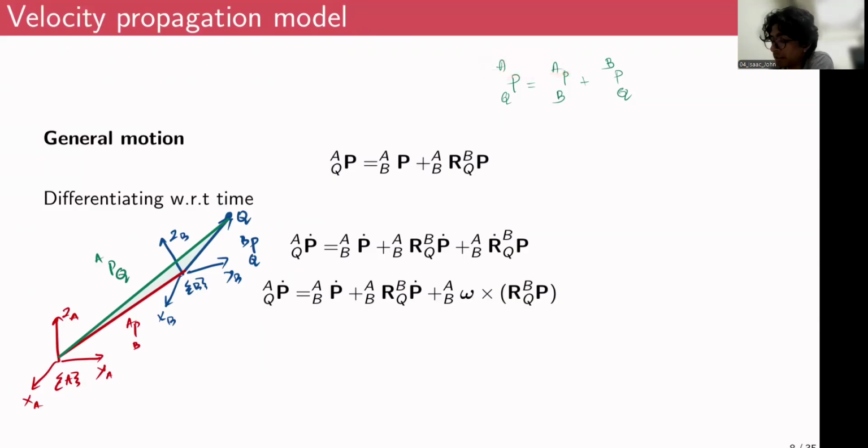Here, we have represented the previous two vectors in the A frame, but the vector Q was actually referred with respect to the B frame. So, to bring that mapping, we have to pre-multiply that with the rotation matrix of B with respect to A. Now everything is referred with respect to a single frame of reference, the frame of reference A.